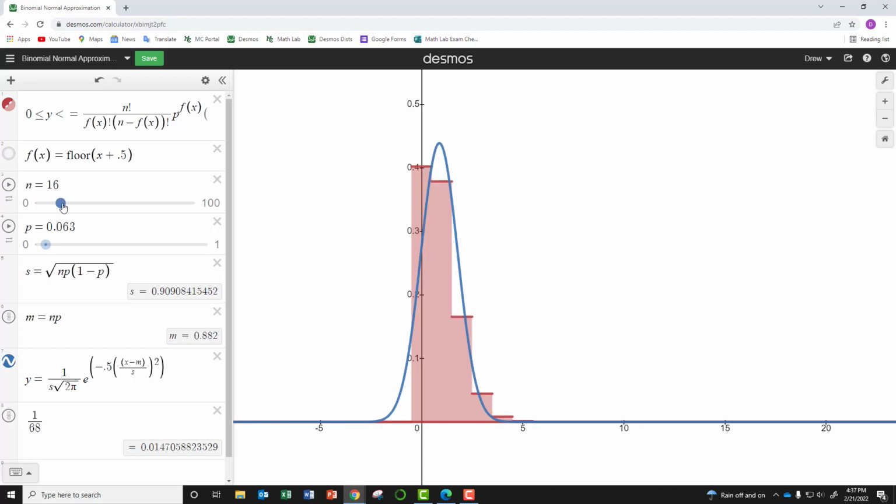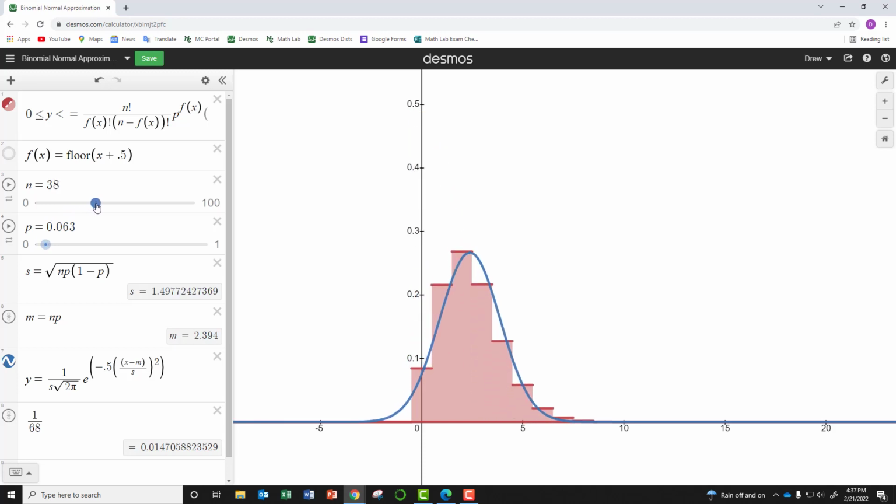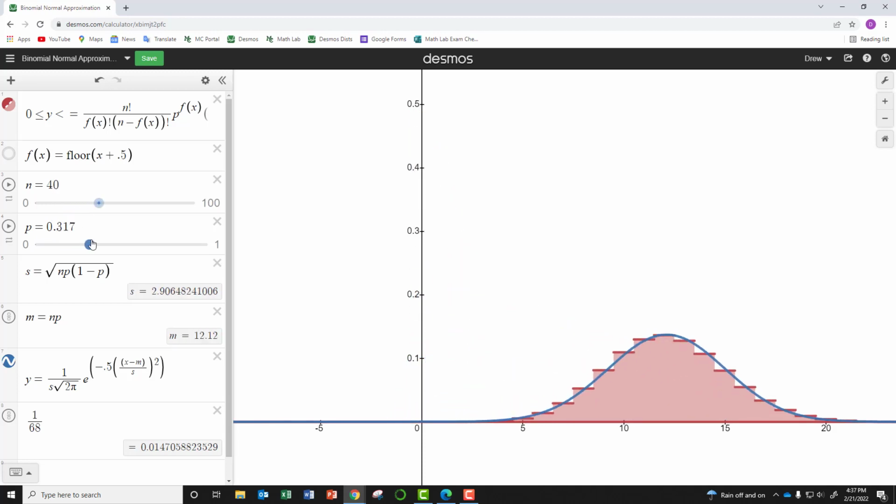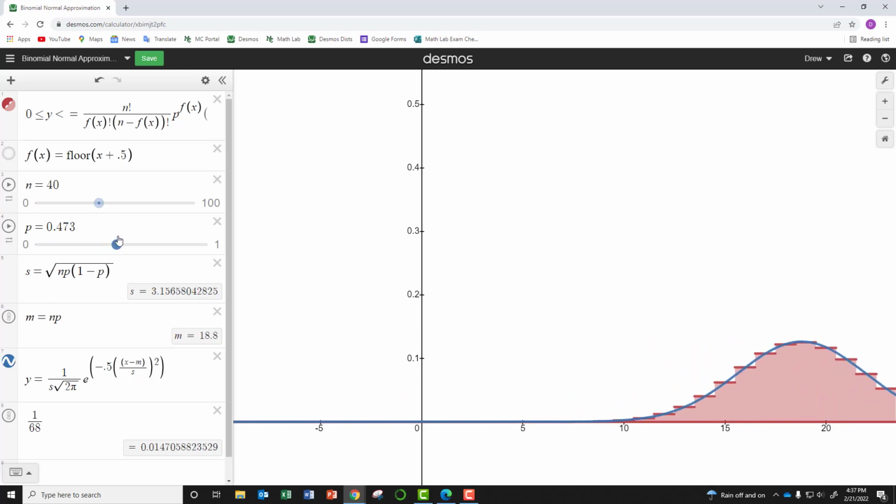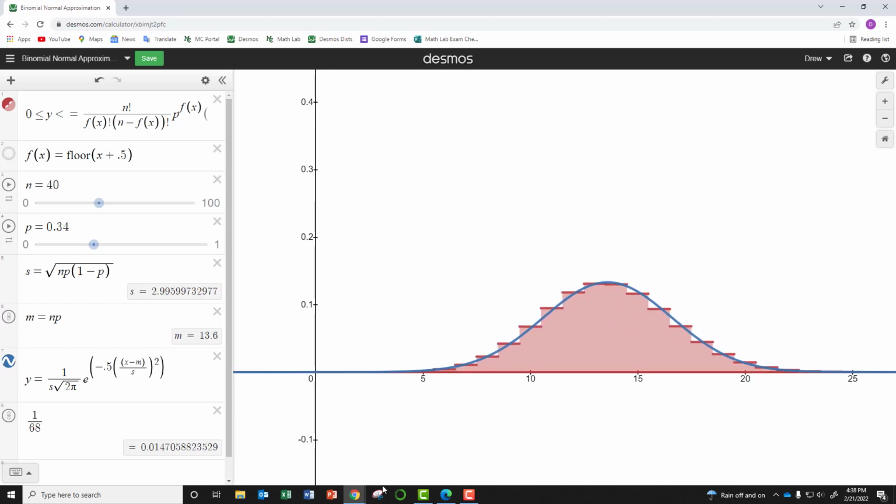But again, just to maybe say this too many times, to really emphasize the point, as long as p is somewhere in the middle and n is sufficiently large, we can create an approximation where the normal curve can approximate a binomial distribution like you see happening right here.